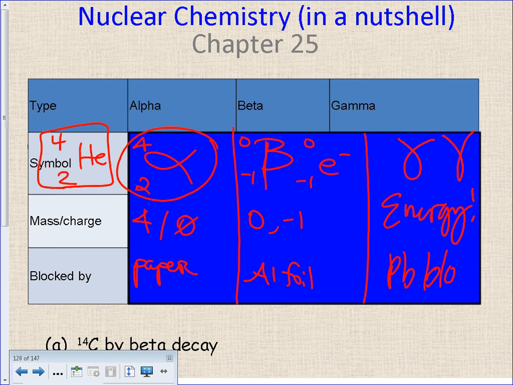Okay, so a lead block or a concrete wall, something like that. If you were a material scientist trying to decide on building material for a nuclear power plant, your specialty is probably going to be in figuring out what material can block gamma radiation and other forms of radiation, because you have to know how to build it appropriately to keep the community safe.